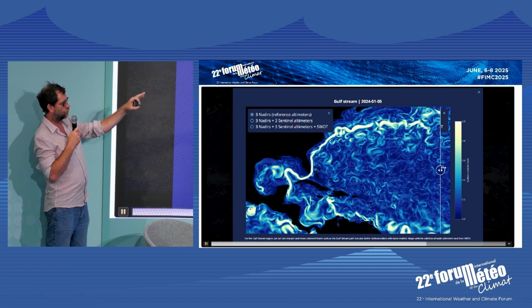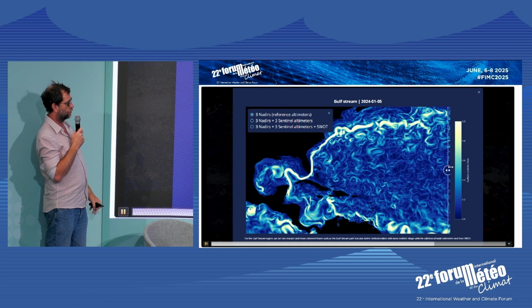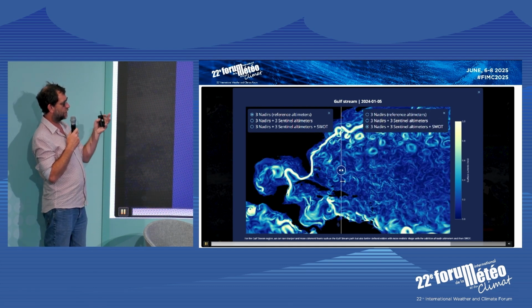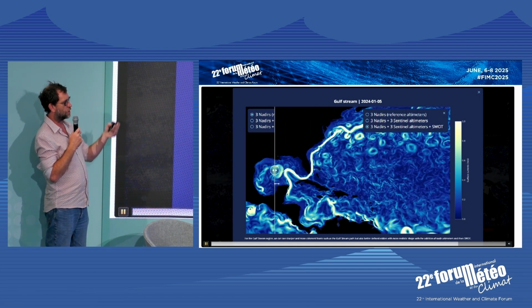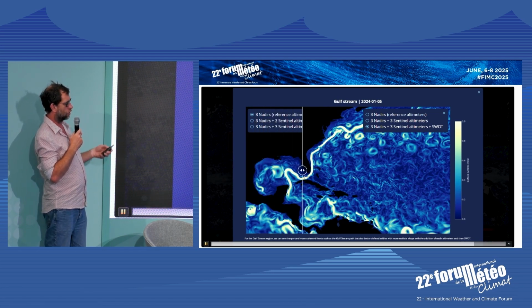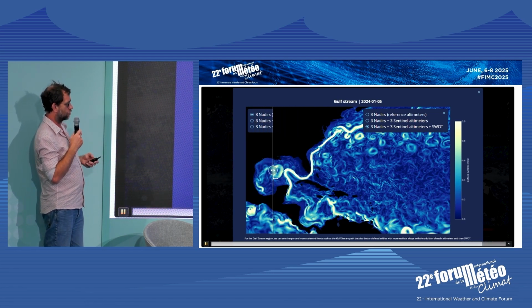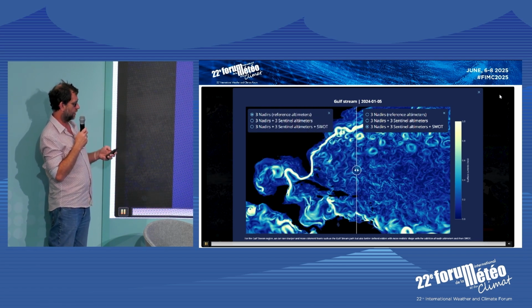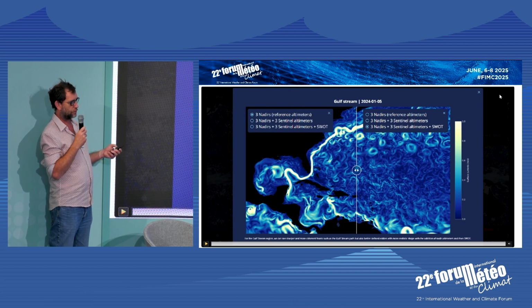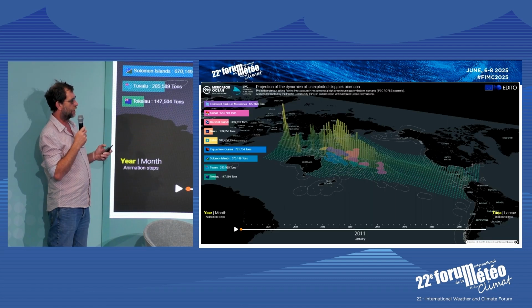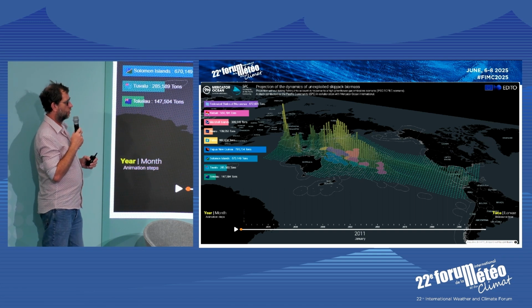Everything is going to happen differently on a more granular scale, so you go deeper into more detail, and you have a better definition, a better resolution. It's thanks to the SWOT altimetry that we can represent the mesoscale and the submesoscale in our models. And this is a good example of what happens if we can improve our modeling approach.